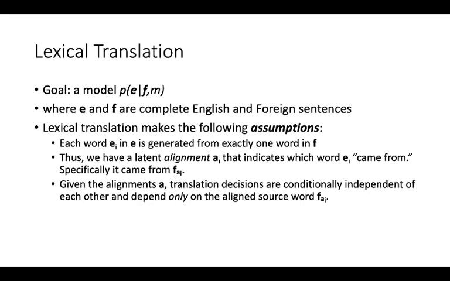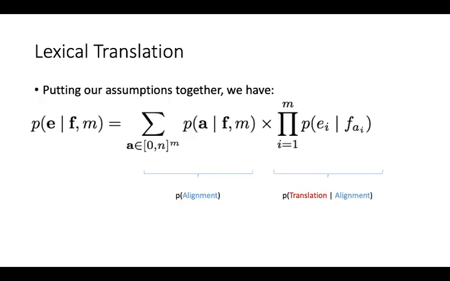That means when you see the word F_AI, by the alignment you can find where it is originally from. So you can find the source word, and then given the source word, the translation decisions are independent. So in that case, you can decompose the translation probability.